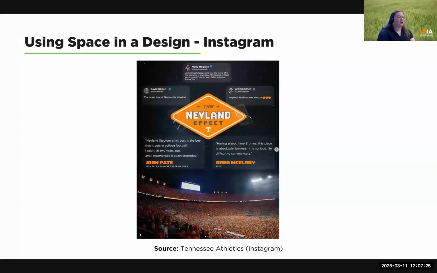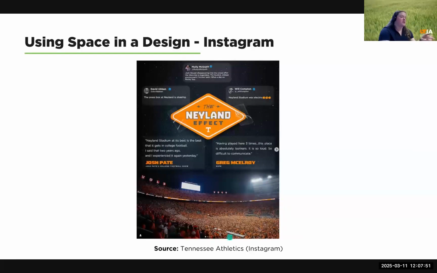All right, another Tennessee Athletics example. This is not necessarily the best example of space that I would have used. Personally, I might have done things a little bit differently if I was designing this image. It's not bad at all. I might have just maybe moved some of the tweets around, but I get the idea.